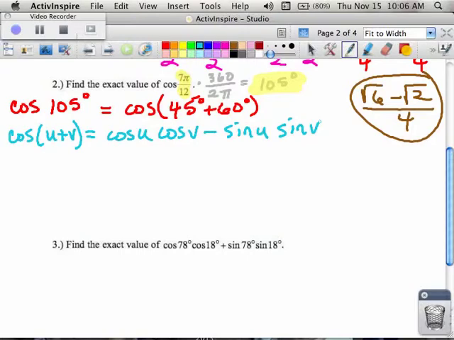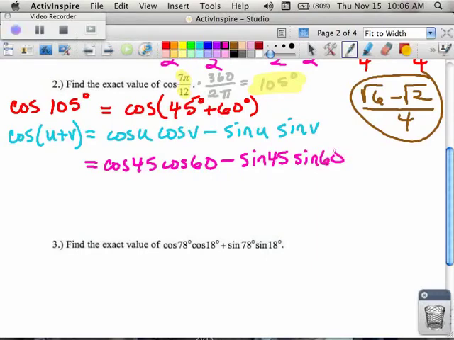If I use the stuff in the red that I've already written down, and I now fill in these things, what that means is that I have the cosine of 45, cosine 60, minus sine 45, sine 60.